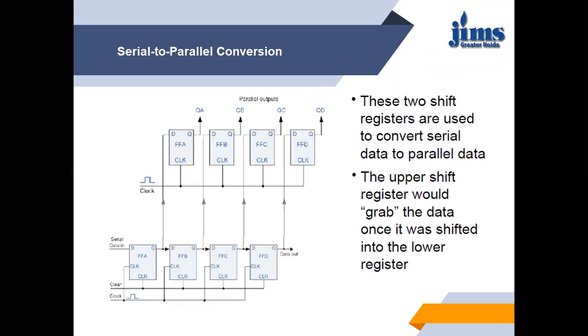But you can see that for the purpose of converting serial to parallel, we require two 4-bit shift registers. That means there is a trade-off: speed is faster, but you require more flip-flops. That means cost will be high.